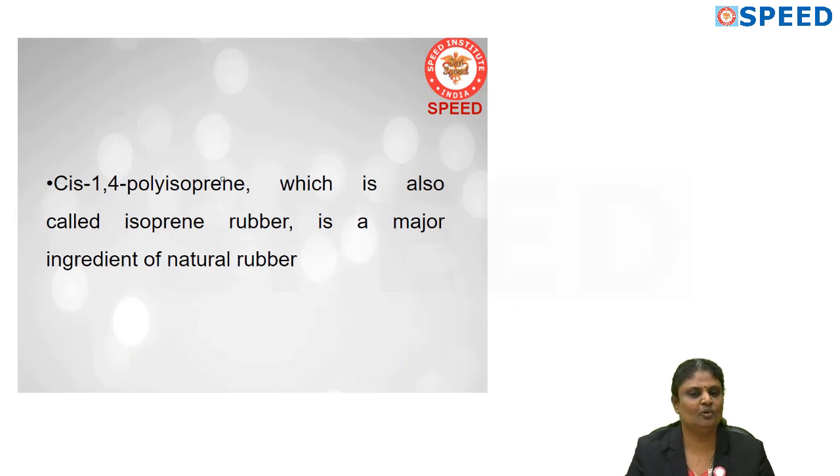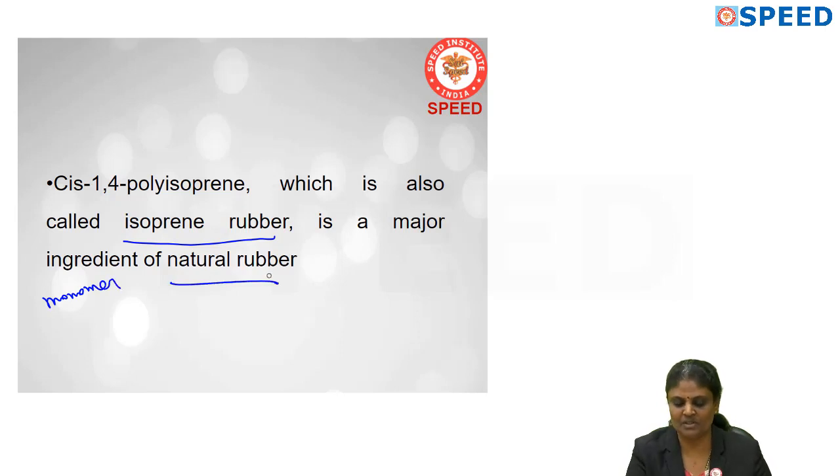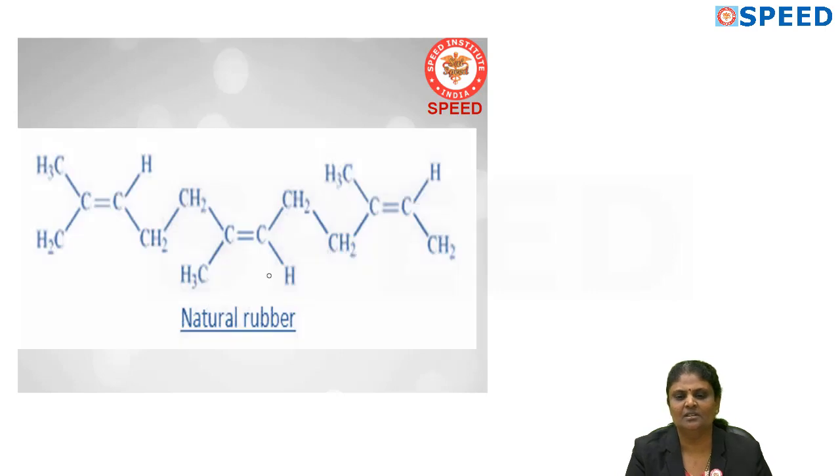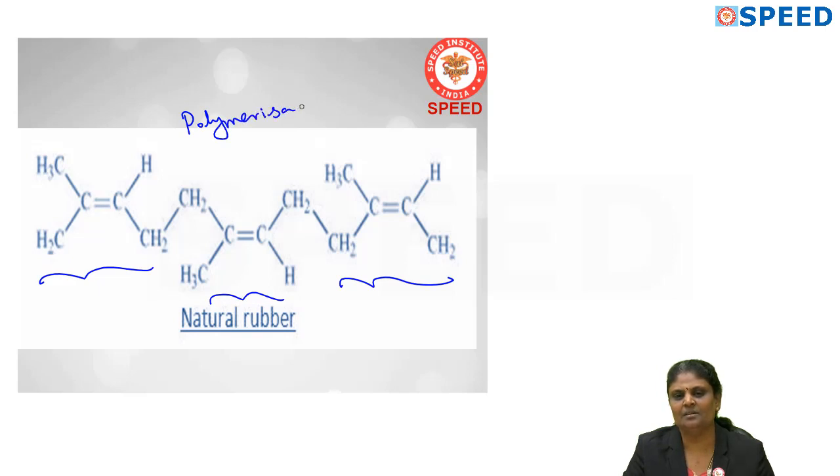And then cis-1,4 polyisoprene, which is also called isoprene rubber, is the major ingredient or major monomer of this natural rubber. So this is the structure, natural rubber. So this is one monomeric unit, second monomeric unit and third monomeric unit. So the polymerization reaction occurs here. The reaction type is polymerization. So natural rubber is the polymer.